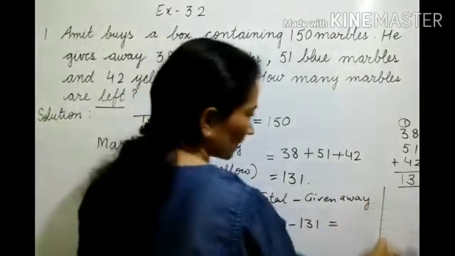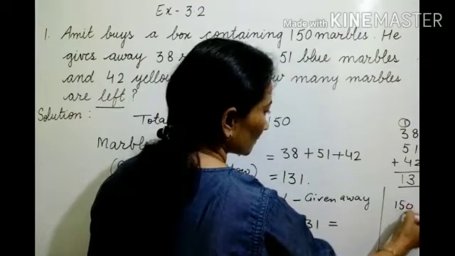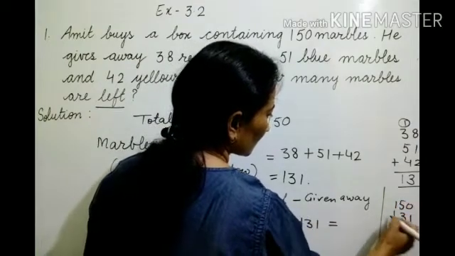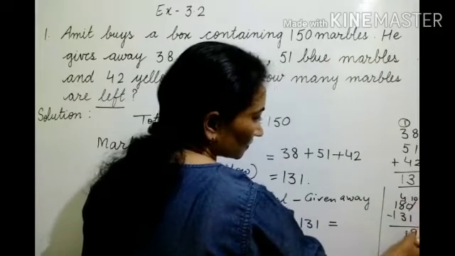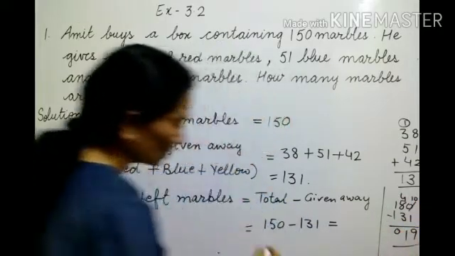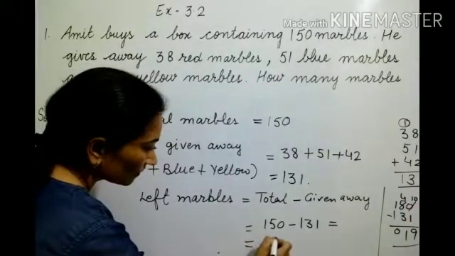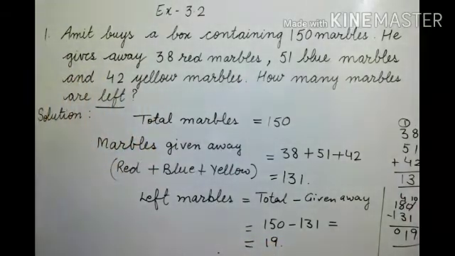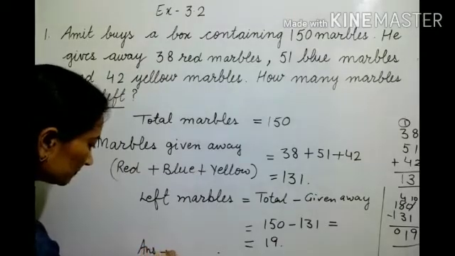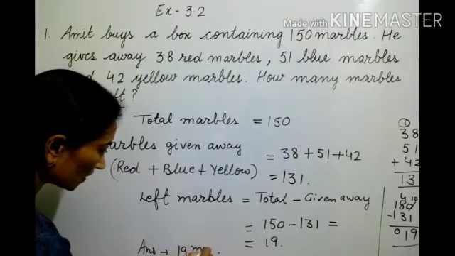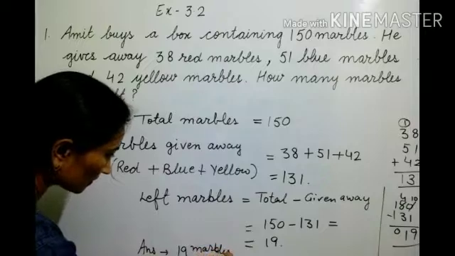You can do the subtraction inside. By taking borrow you will subtract. 19 will come. So total marbles left are 19. Now you will write the answer. 19 marbles are left.